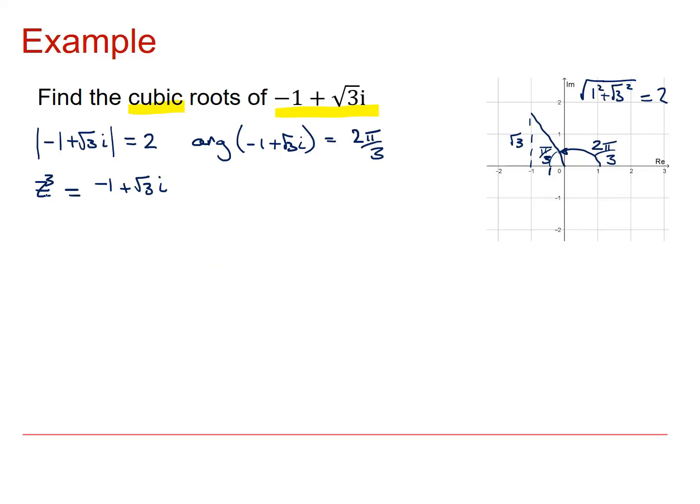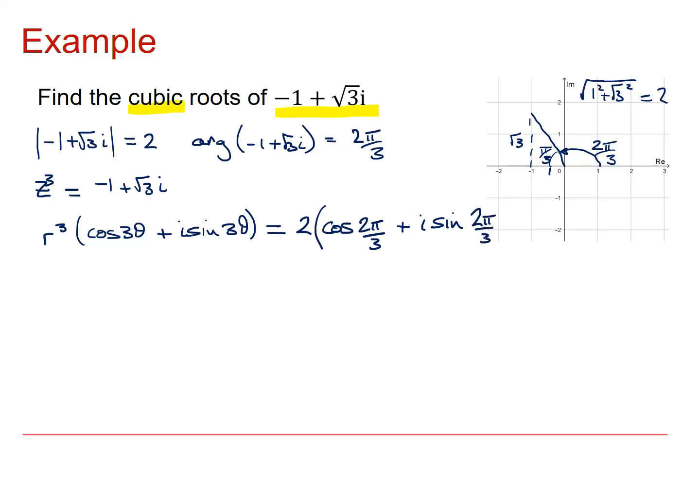If I think of z as being r(cos theta plus i sin theta), I'm going to get r cubed (cos 3 theta plus i sin 3 theta) is equal to 2(cos 2 pi by 3 plus i sin 2 pi by 3).